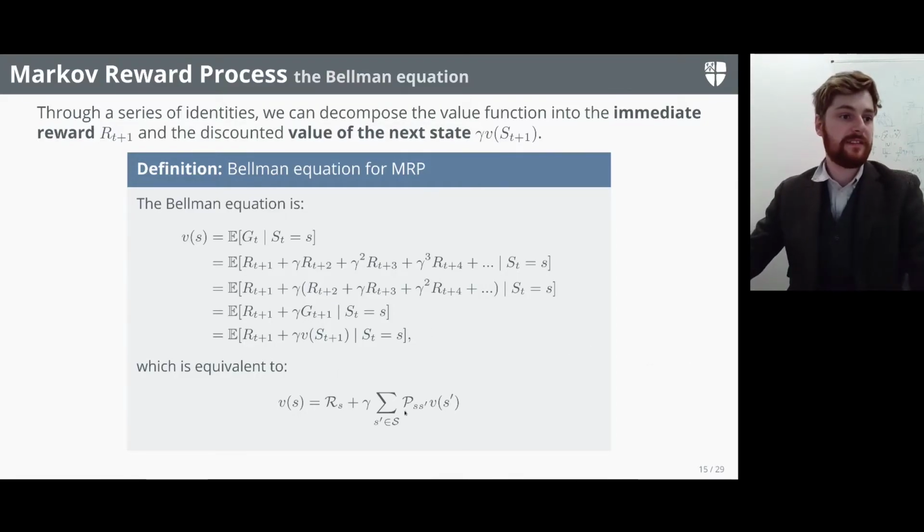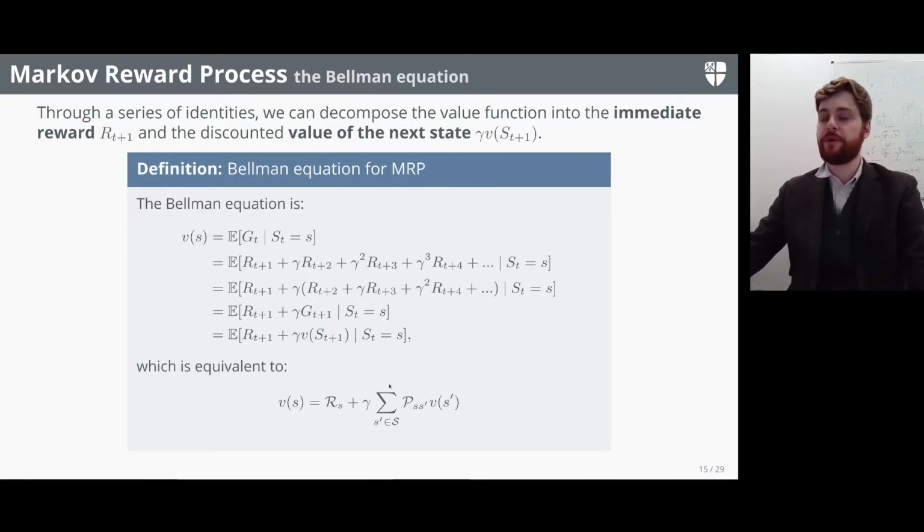So that leads us into this equivalence here, where we can just say that the value function is actually equal to the reward at this state plus this discounted idea where we sum all of the next states' transition probabilities. So it's summing all of the probabilities of transitioning to the next state.